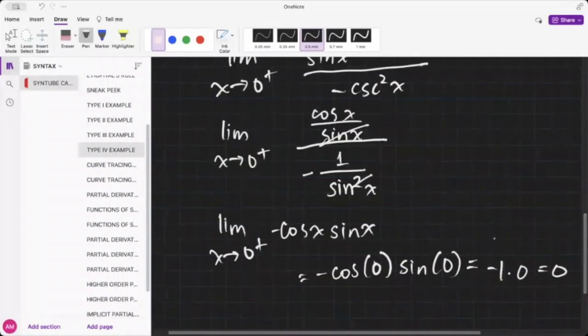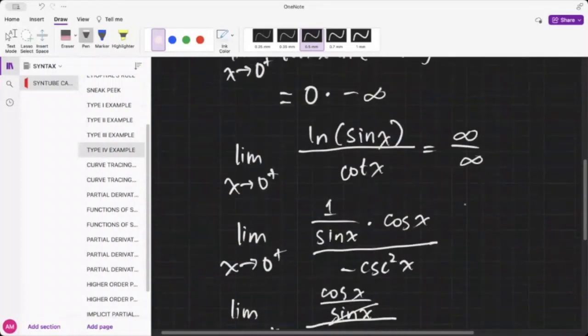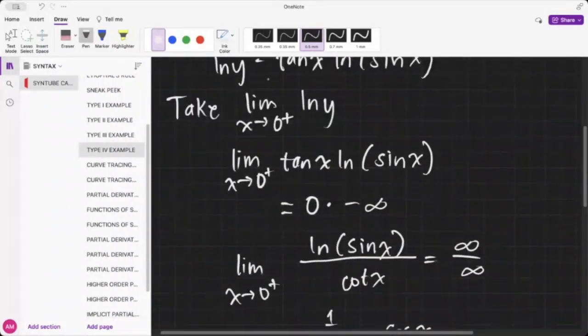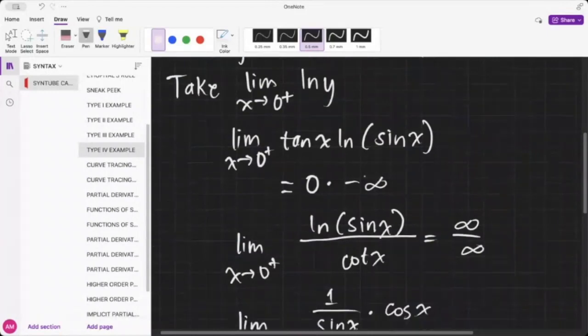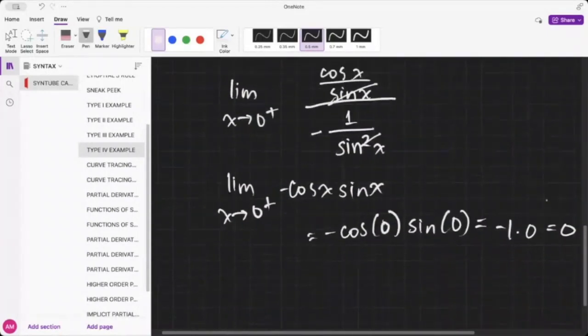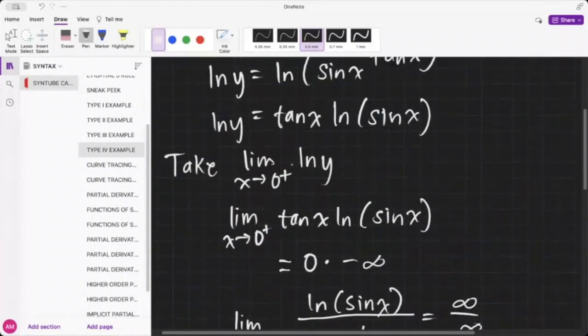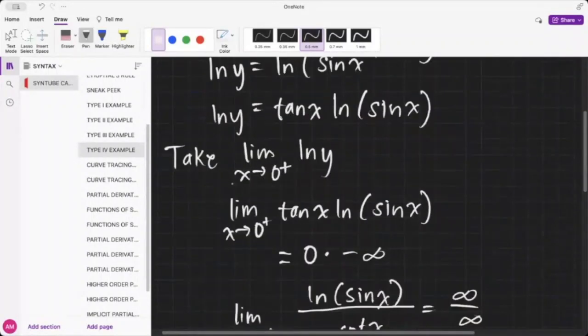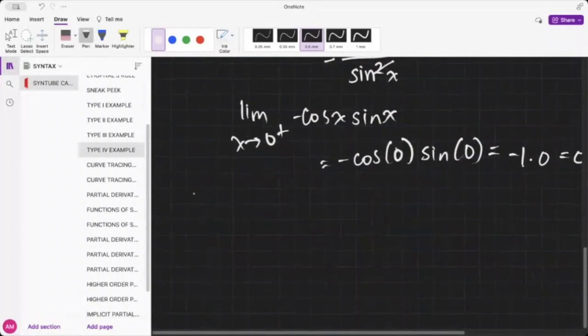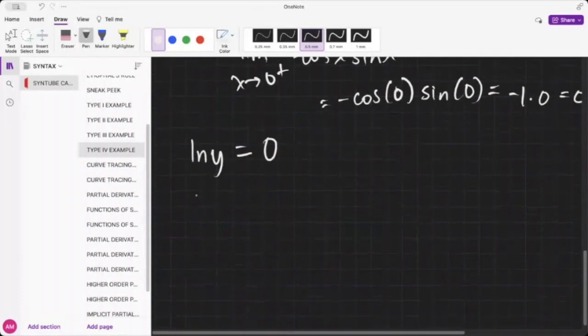Ayan. Take note, though, that this is not yet our final answer. Since, again, we just took the limit of ln y as x approaches 0 from the right. So this 0 is equivalent to ln of y, not the limit of y yet. So we equate it: ln of y is equal to 0. Okay? So this is just algebra.